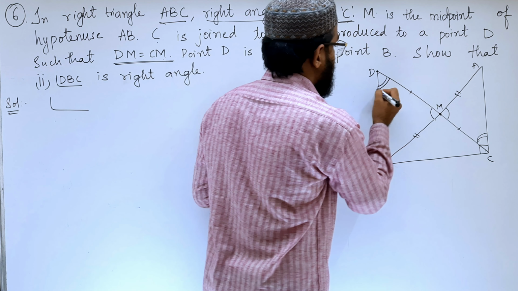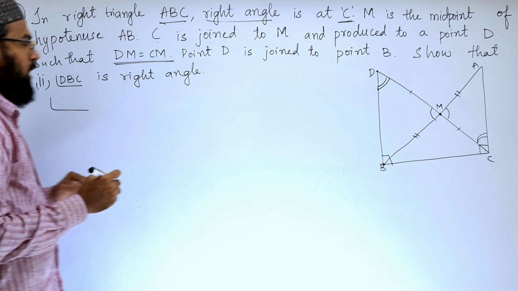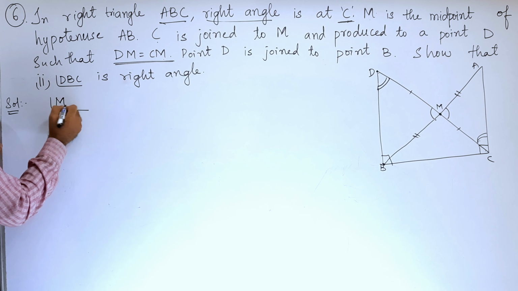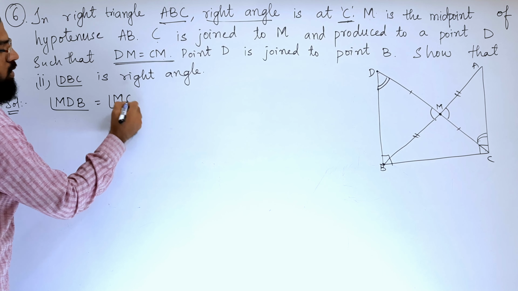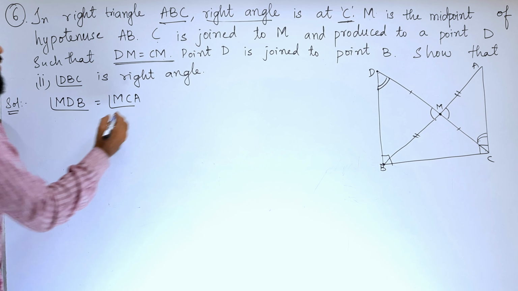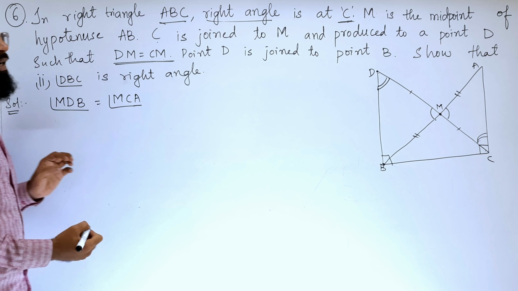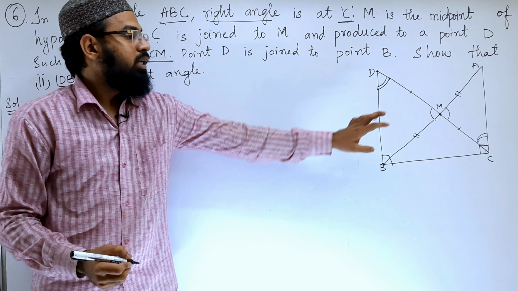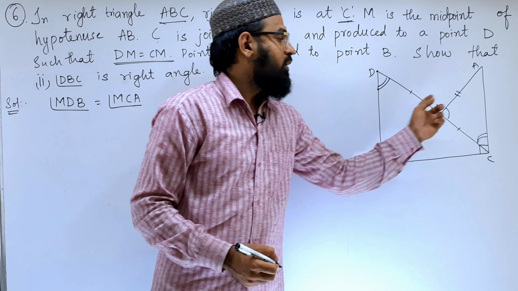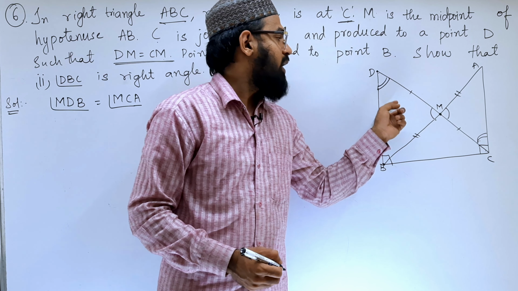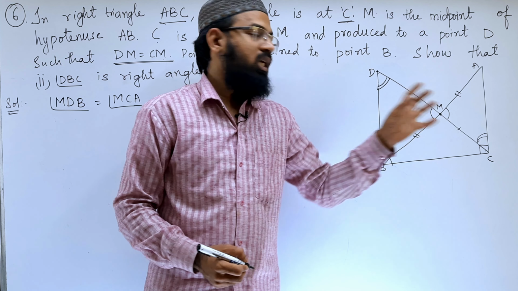These two angles are equal because they are corresponding parts of the congruent triangles. These two triangles are congruent, that's why their corresponding parts will be equal.